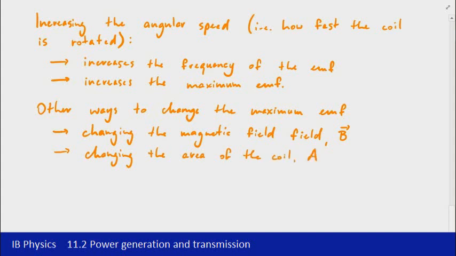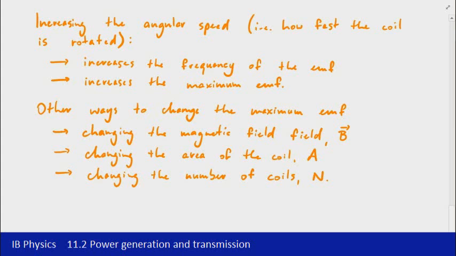And again, if we increase that area, then we're going to increase the EMF. And finally, the last way is by increasing the number of coils. If we've got more coils, we've simply got a greater flux linkage because there's more area, ultimately, for the magnetic field to pass through. So there's three ways that we can change the EMF.